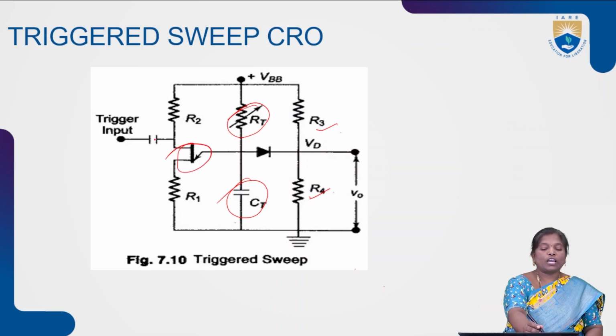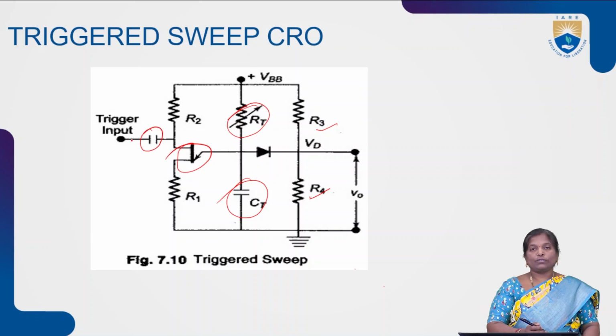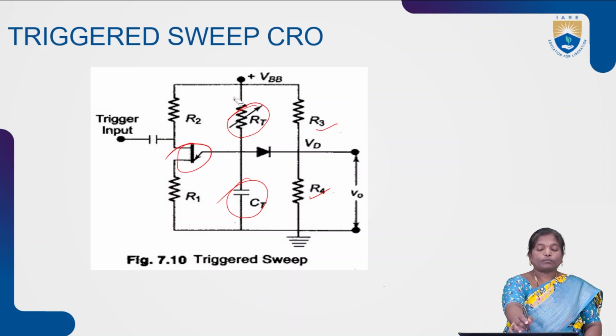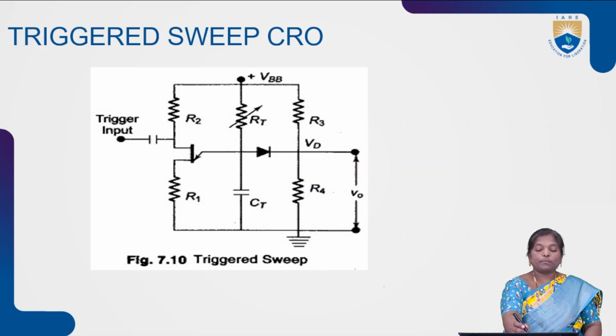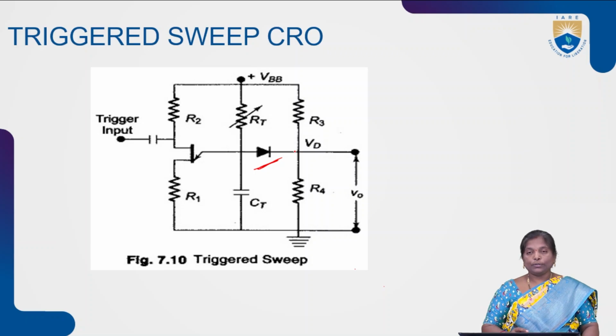Along with this, we have a triggered circuit or triggered input. Based upon the triggering input only, the sweep circuit generates the output. The other important component in the triggered sweep CRO is the diode. If the diode is in the on state, then only it produces the output. If the diode is in the off state, no output will be generated in the output section.